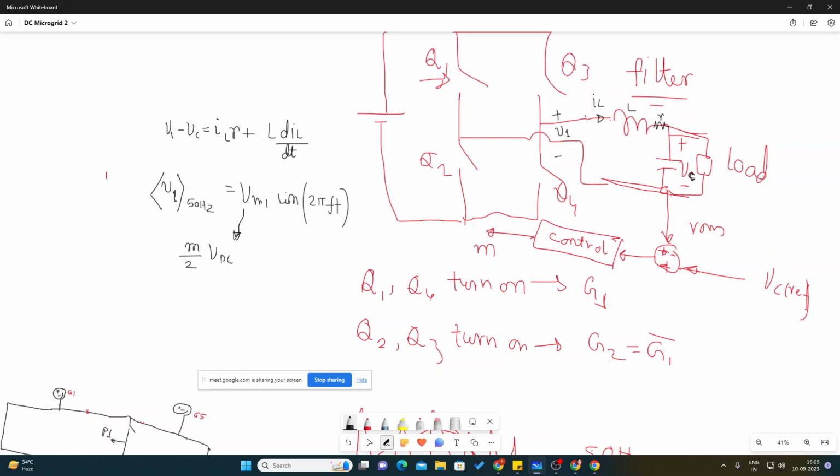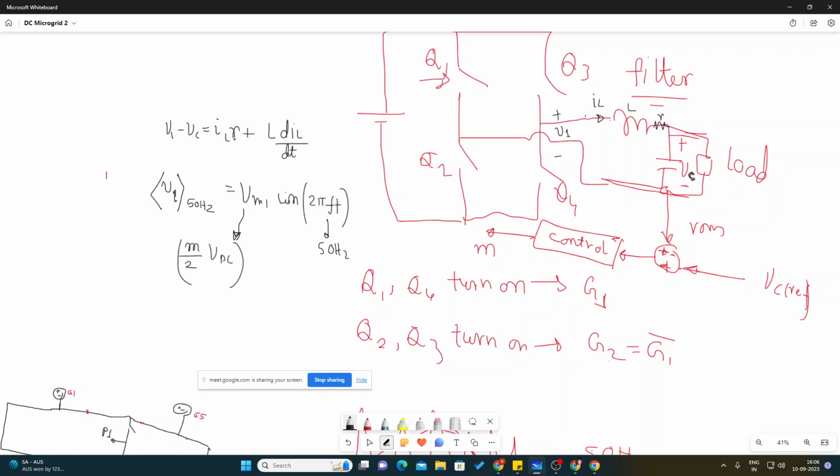So here the m comes. This expression can be obtained if you do the steady state analysis for the inverter. I think it is in the fourth lecture, how to derive it in case of the inverter. So just consider it is something like this: m by 2 VDC sin 2 pi ft, where f is 50 hertz.